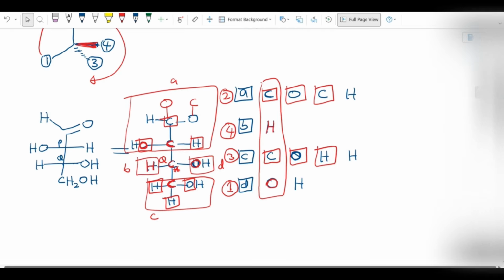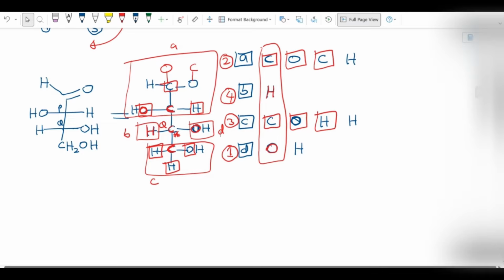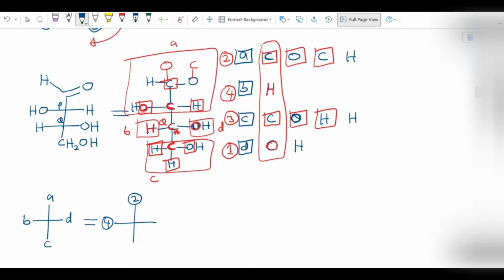So I will now go ahead and redraw my compound, the structure, based on the priority numbers. In terms of Fischer projection, this will be A, this is B, this is C, and D is here. Let's replace the alphabet with the priority numbers. A has priority number 2, B has priority number 4, C has priority number 3, and D has priority number 1.